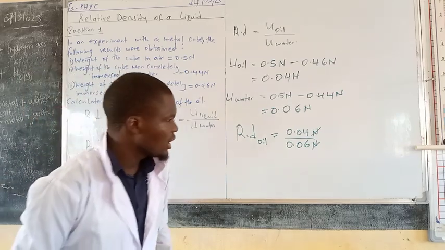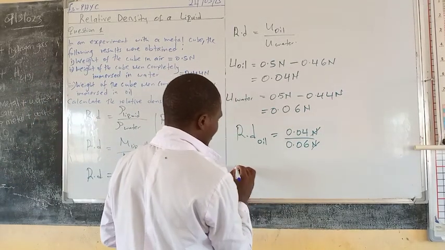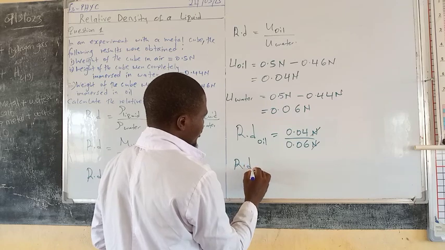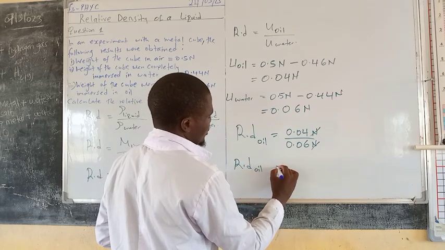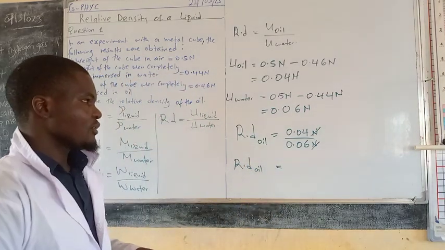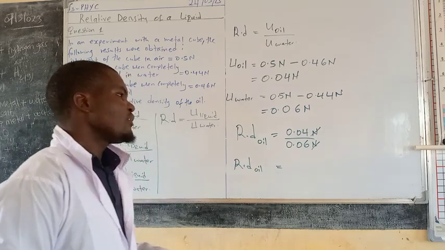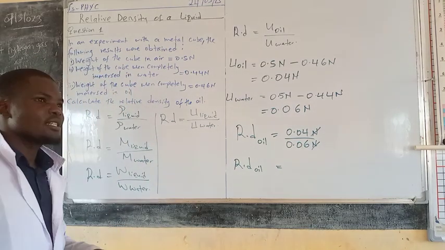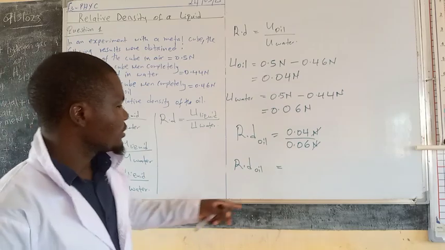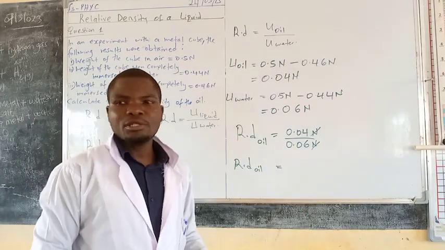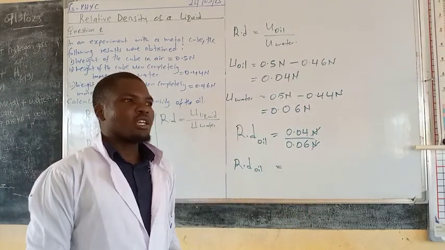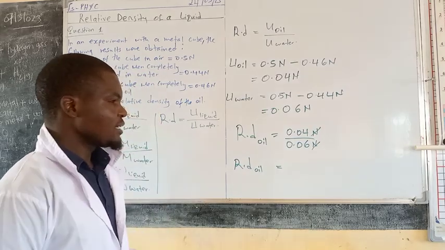It does not have units. Good. So relative density of oil becomes 0.04 divided by 0.06. Folks, let us press this in our calculators and give our appropriate answer.